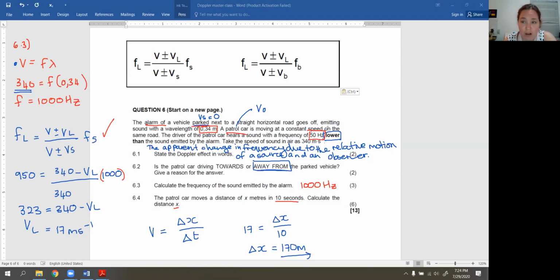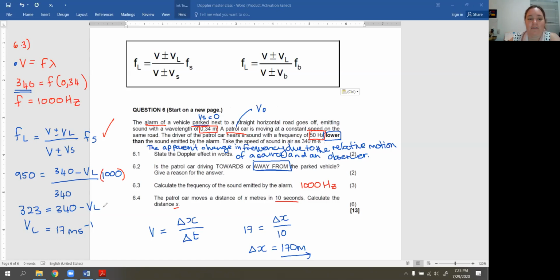They read patrol car and they decide that the alarm is on the patrol car. It's one of those weird things that if they had just told you another car was moving instead of it being a patrol car, you probably wouldn't have made that error. But a lot of people here would get very confused about the fact that the velocity of the source was 0 and it was the observer that was moving. Just be very cautious of that because it's a common mistake that people make.